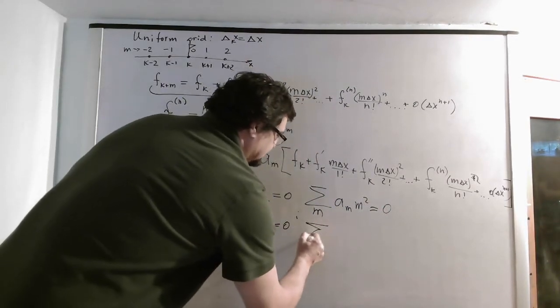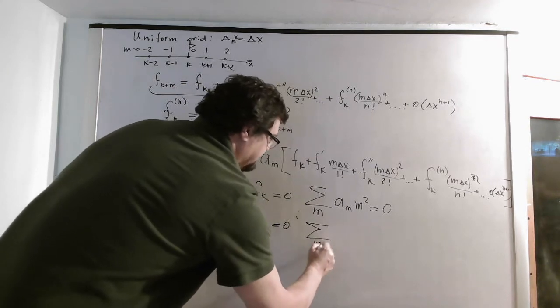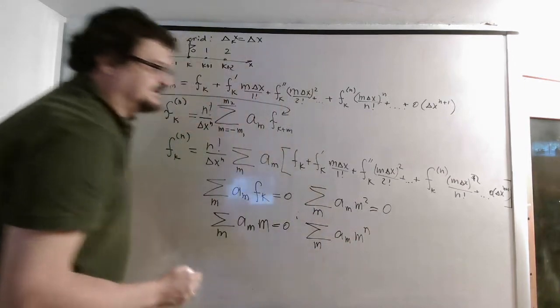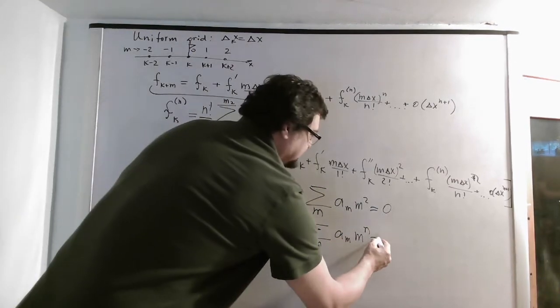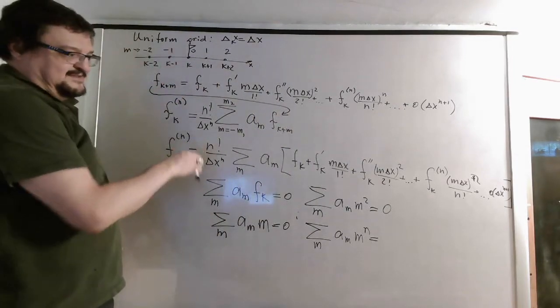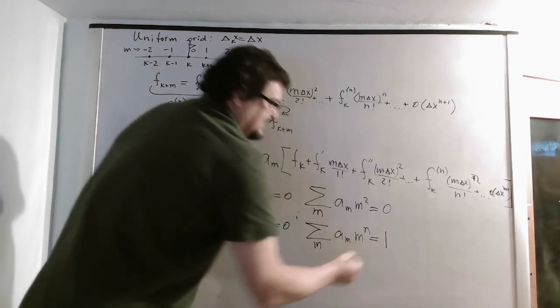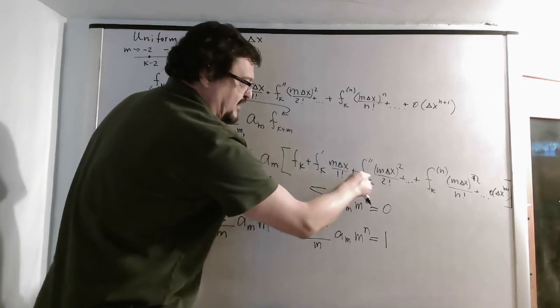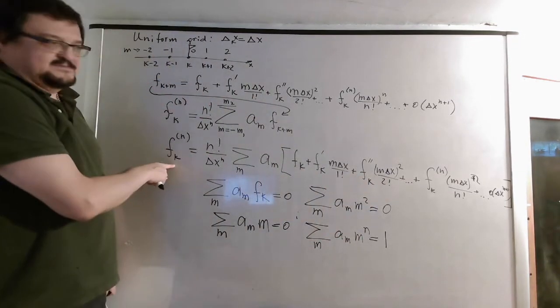So finally we get the sum of a m m to the power of n equals, and because we use this definition here, equals 1. That's the only one we get in front of the derivative that we want.